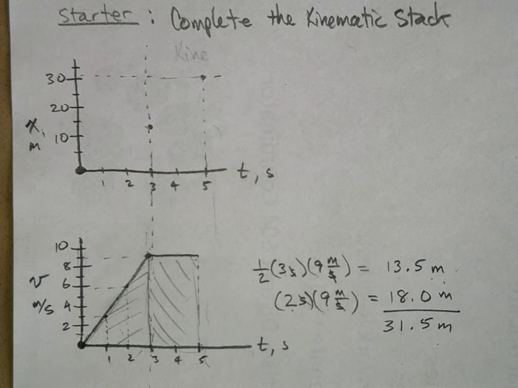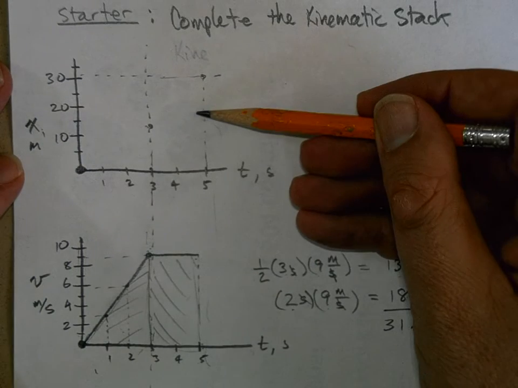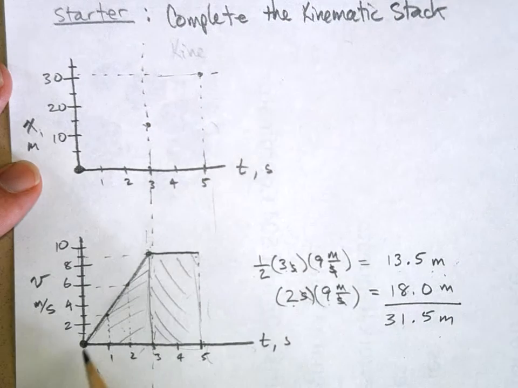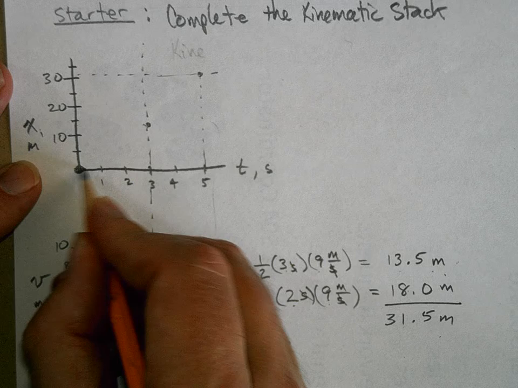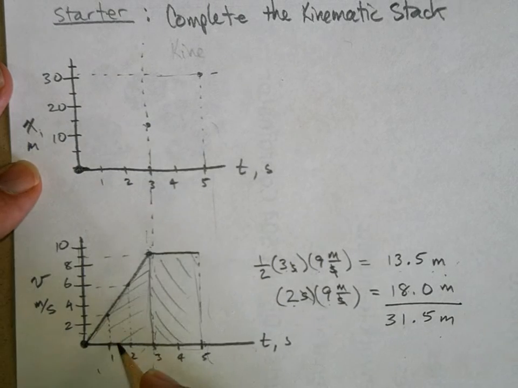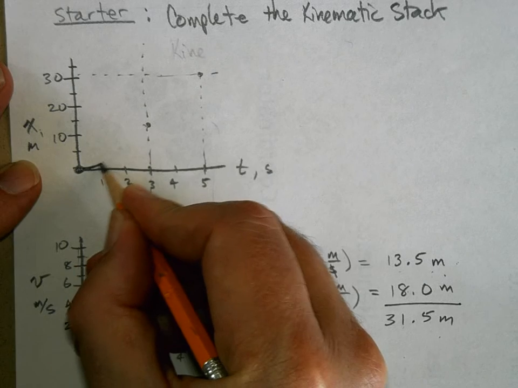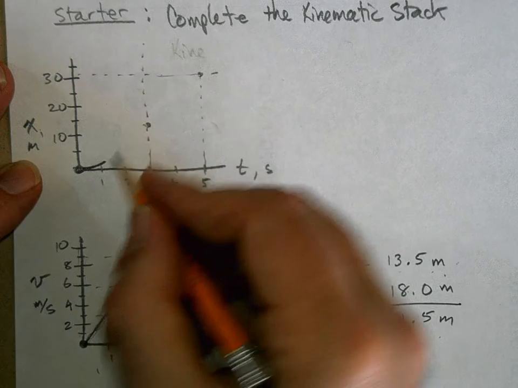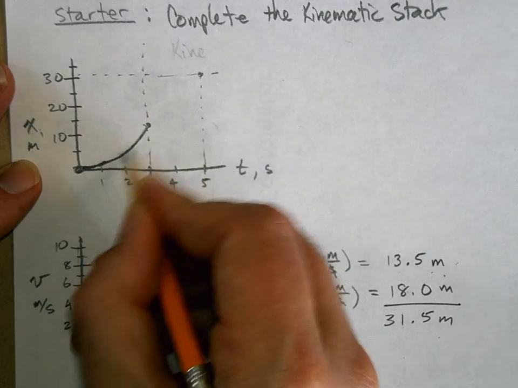Now watch what I'm doing here. Velocity describes the slope of your position versus time graph. So the velocity starts at 0, which means that this has a 0 slope. At 1 second, it has a slope of 3, so we're going to gradually increase the slope to about 3. And then at 2 seconds, it has a steeper slope. So basically, the slope increases and increases.